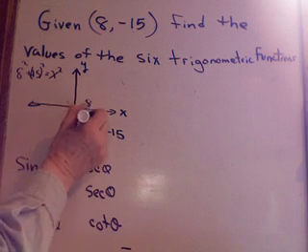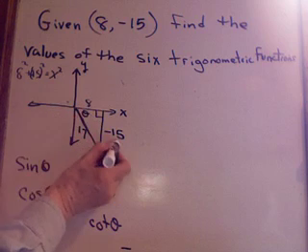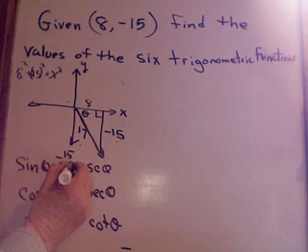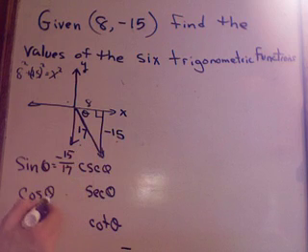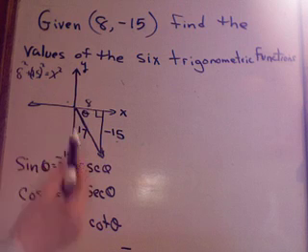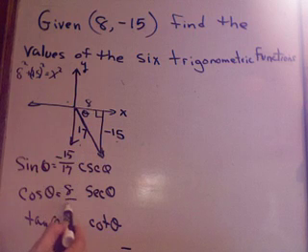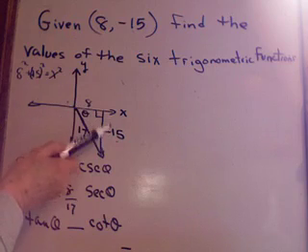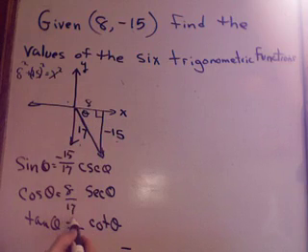Now, if this is my theta, the sine is opposite over hypotenuse. Negative 15 over 17. Negative becomes important here. Cosine of this theta, adjacent over hypotenuse, 8 over 17. Tangent is opposite over adjacent, so negative 15 over 8.